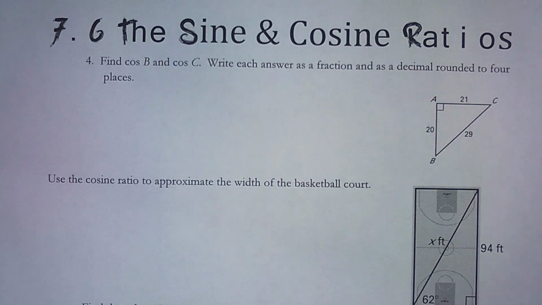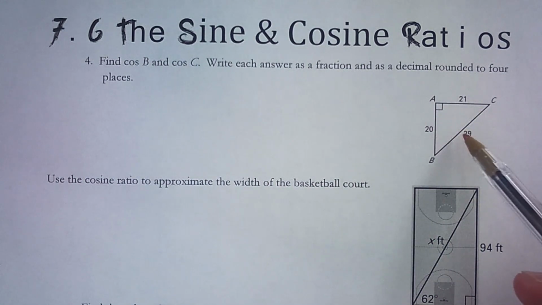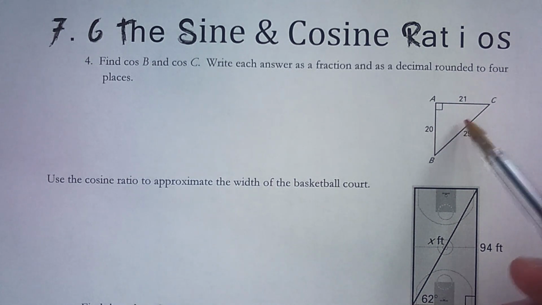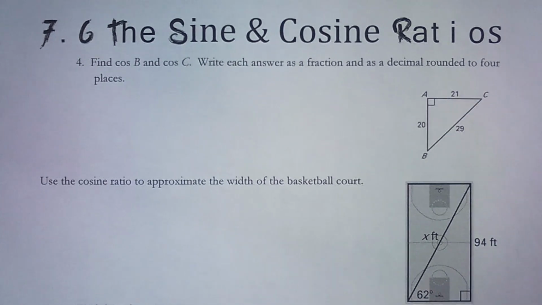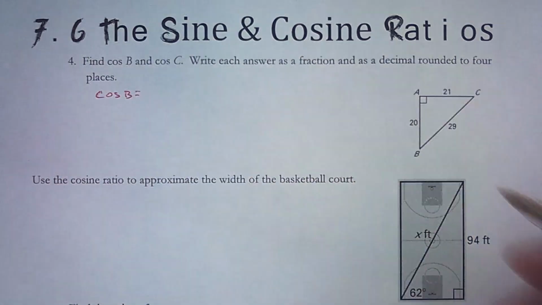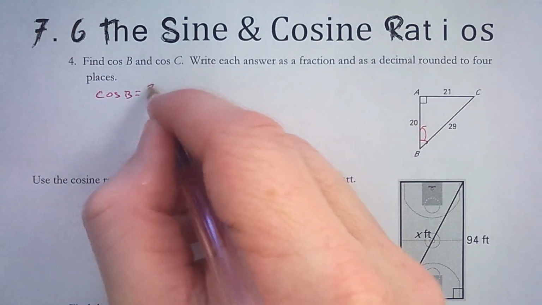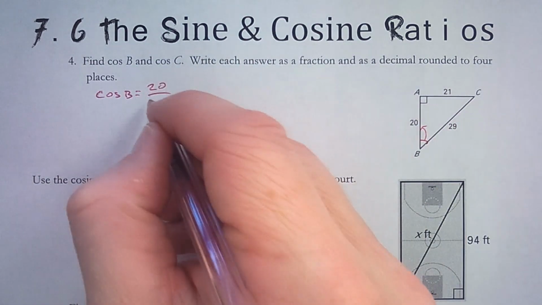Now we'll do cosine B and cosine C. We already did this same triangle once in a previous video with sine, and we'll come up with the same angle measures for B and C that we came up with when we were doing sine. For cosine B, here's angle B, the adjacent leg is 20, and the hypotenuse is 29.